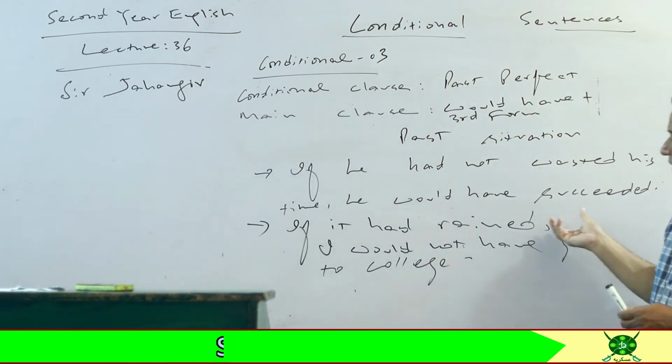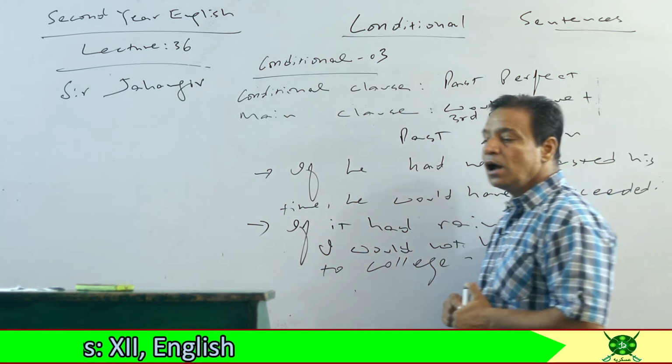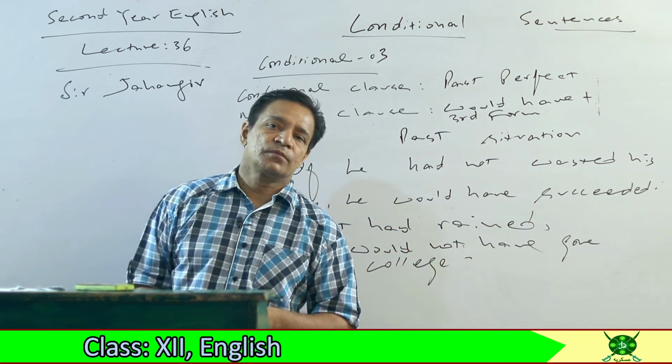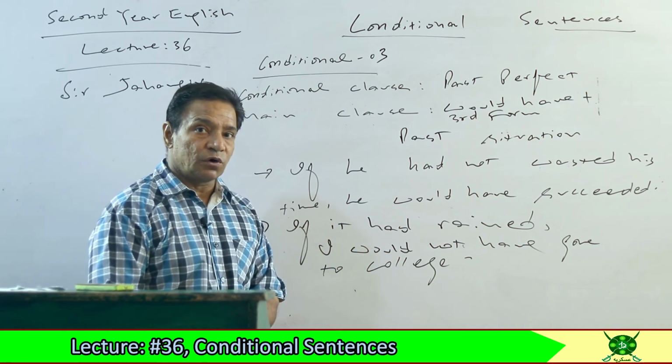So again, if it had rained, I would not have gone to college. So again, it is telling something about the past. That is, there would be some rain and then you would never have gone to college.